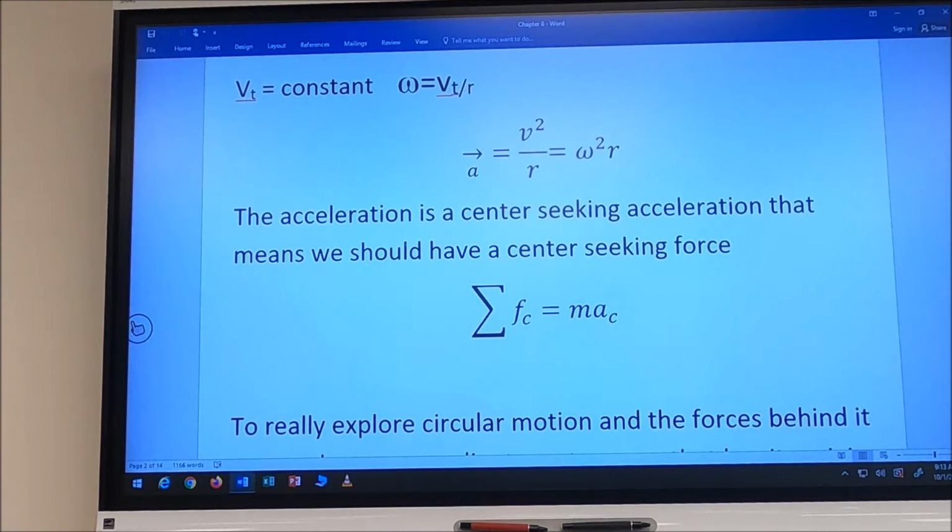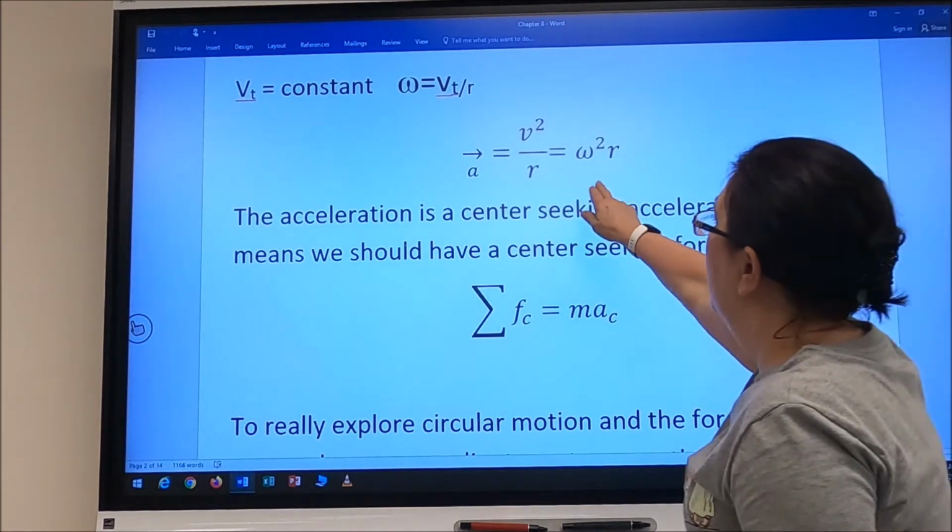So for uniform circular motion, the tangential velocity is constant, and the angular velocity, omega, is equal to v sub t divided by r. Okay? The centripetal acceleration is equal to v squared over r, or omega squared times r.